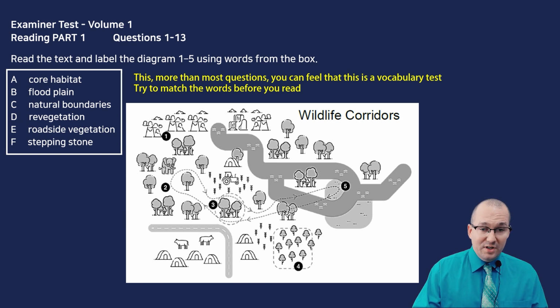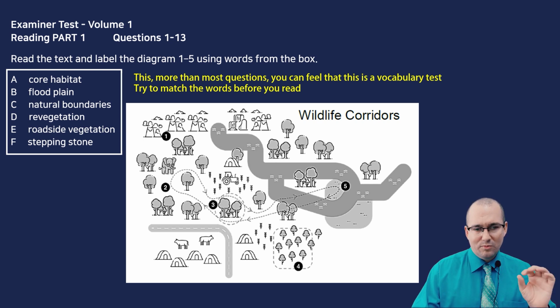If you know what that prefix is, this is a great advantage. Roadside, I guess that's a little bit more obvious than the other words. And stepping stone, what does this mean? This one might be the least obvious, but you do know those words, stepping stones. Using deduction, you can guess what the meaning is.